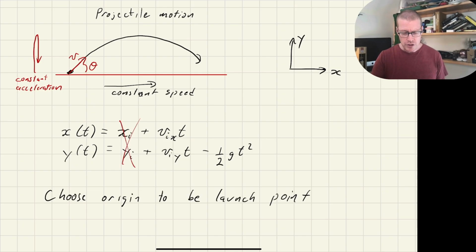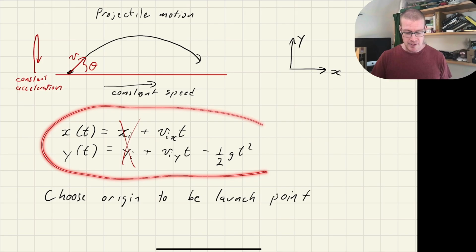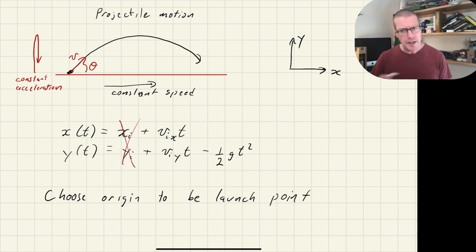All right, so now if I want to know what this trajectory is, I don't care about time. So I want to eliminate time from these equations. And there's an easy way to do that, which is I look at this first equation, I just solve it for time. And then I can substitute that equation into this one.